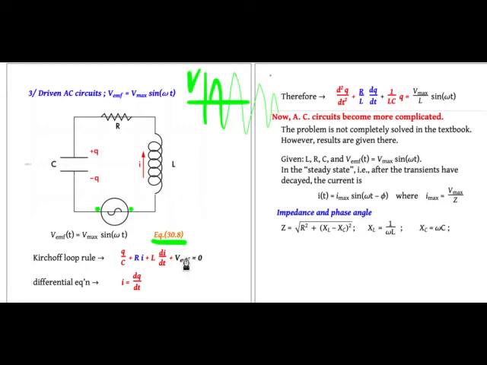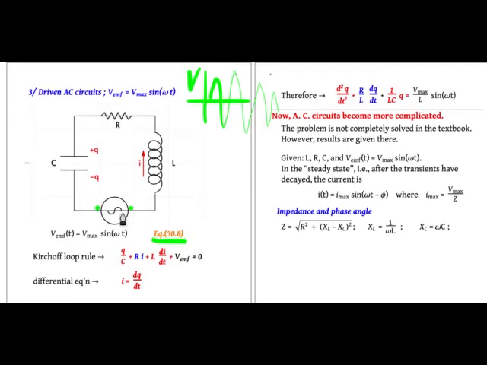And that is V EMF. Remember, electromotive force has the same units as potential. Kirchhoff's loop rule says the sum of the changes in potential has to be 0.